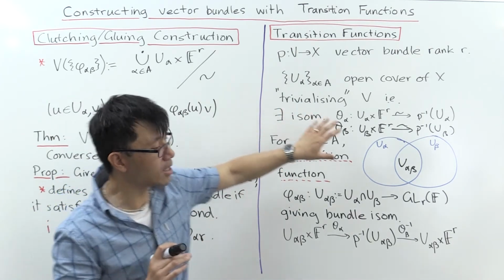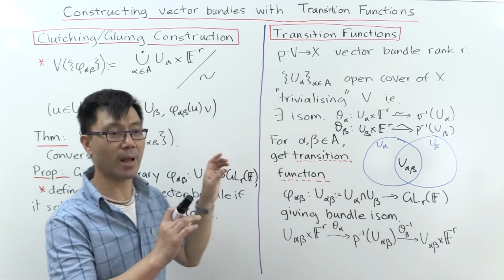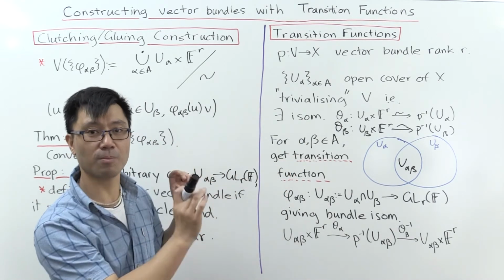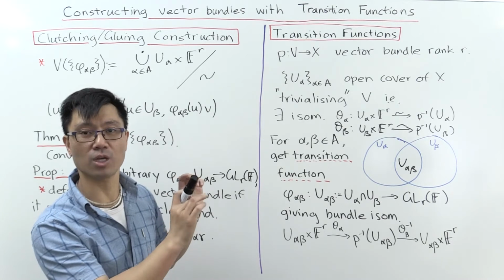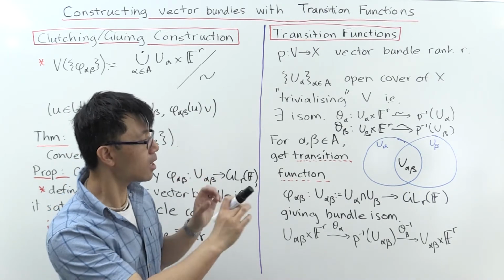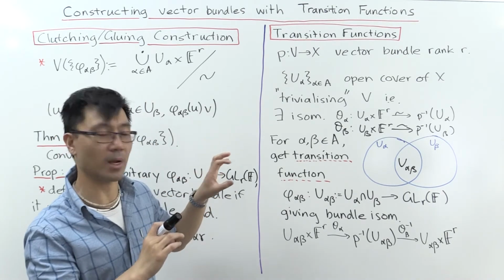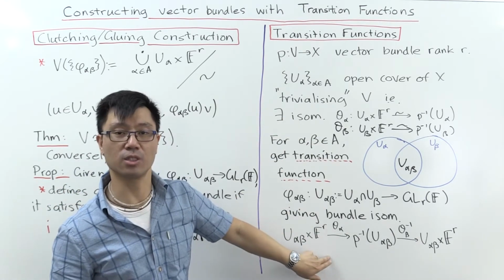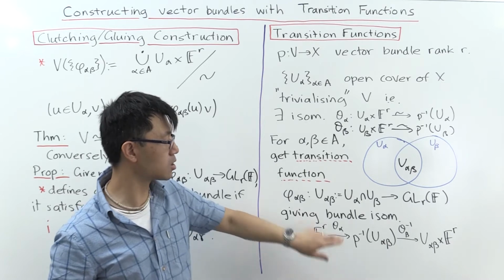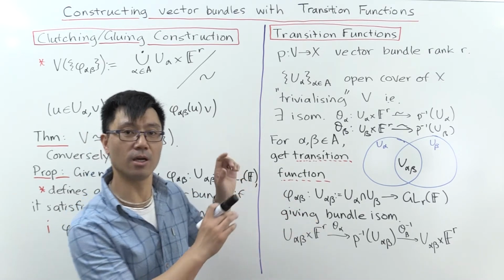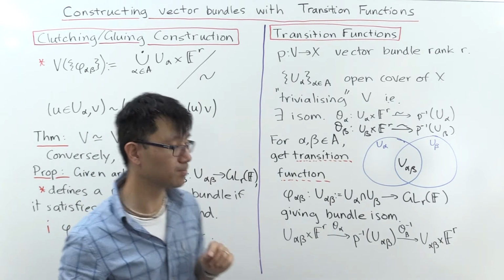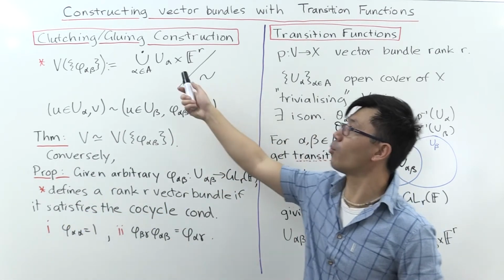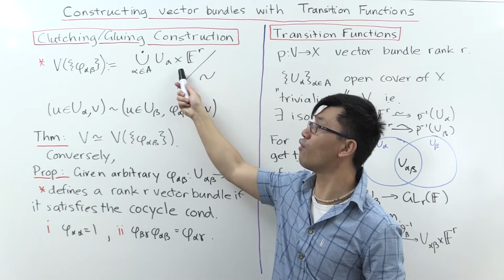Let's remind ourselves, in that gluing construction, we pasted a strip to get the Mobius band, and also the trivial line bundle, the cylinder, which is a line bundle on the circle. And these transition functions are the things which give us this gluing data. So we're going to consider the analog of these two strips. In other words, we'll look at all these trivial vector bundles.